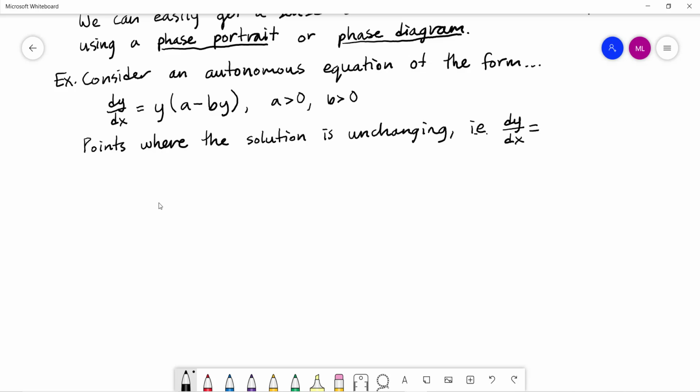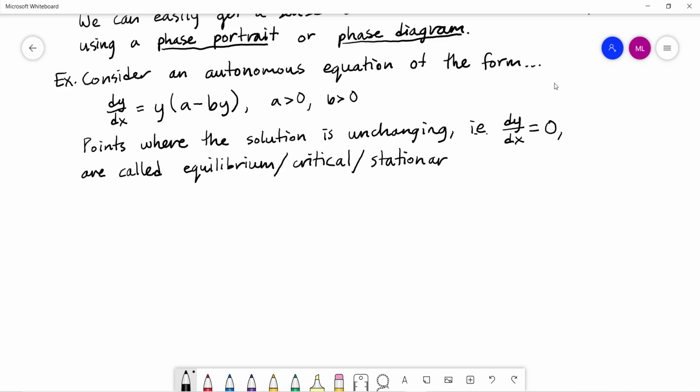Its rate of change is 0. So we're looking for points where dy/dx equals 0. All of these terms get used: equilibrium or critical or stationary points.